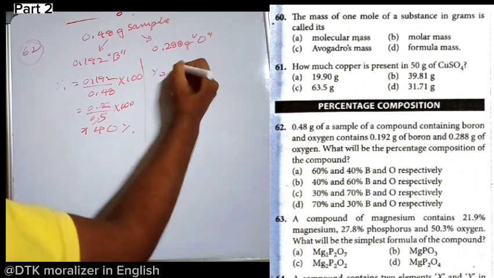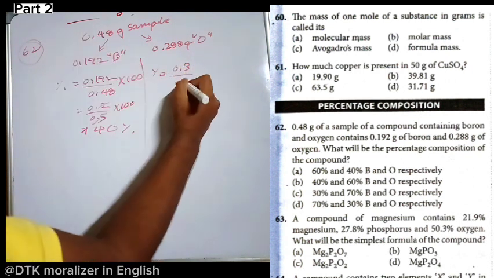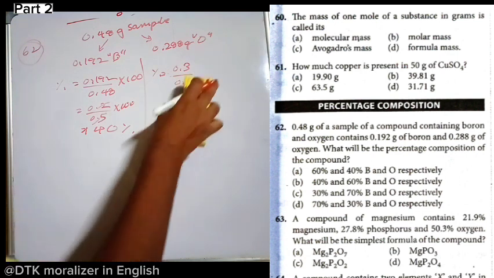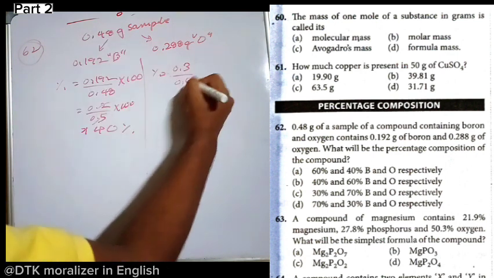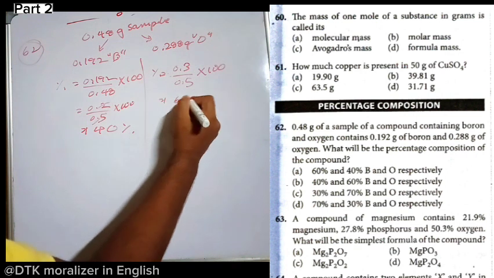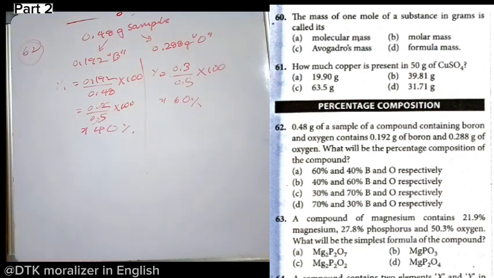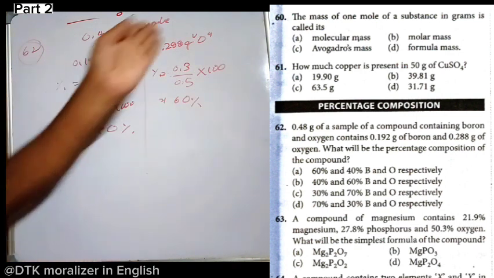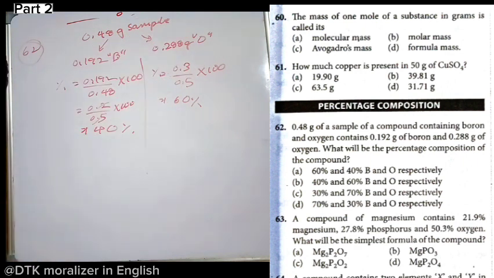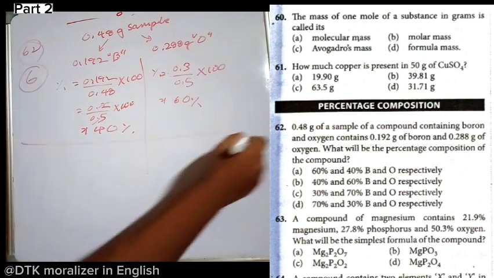As you can see here, 40%. Now for this also, mass of component by mass of substance into 100 gives 60%. So here oxygen 60%, boron 40% in that substance or compound.